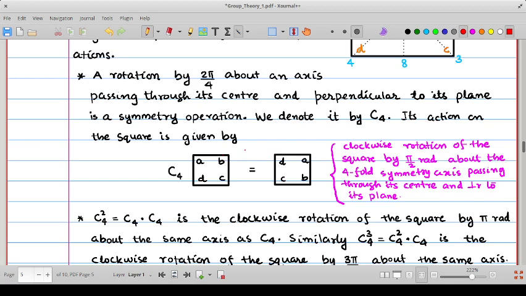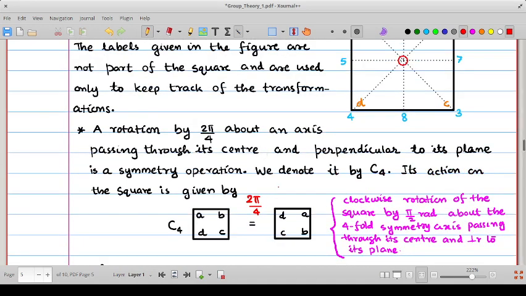Now this is a rotation by pi by 2, which we may write as 2 pi by 4. Now the axis is perpendicular to the plane of the figure and is passing through this geometric center, and a rotation by 2 pi by 4 is a symmetry transformation, and such a transformation is denoted as C4.